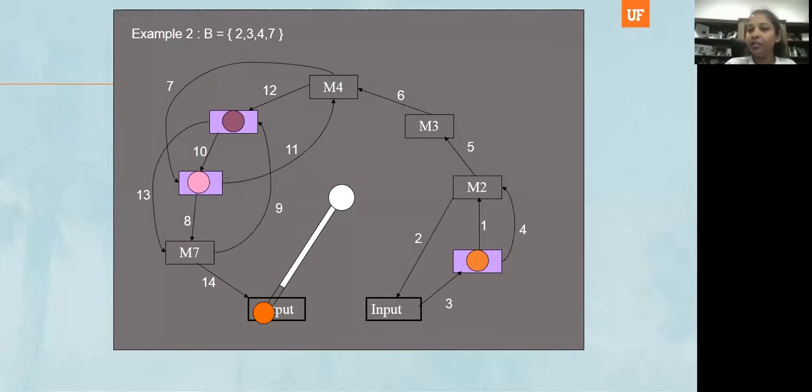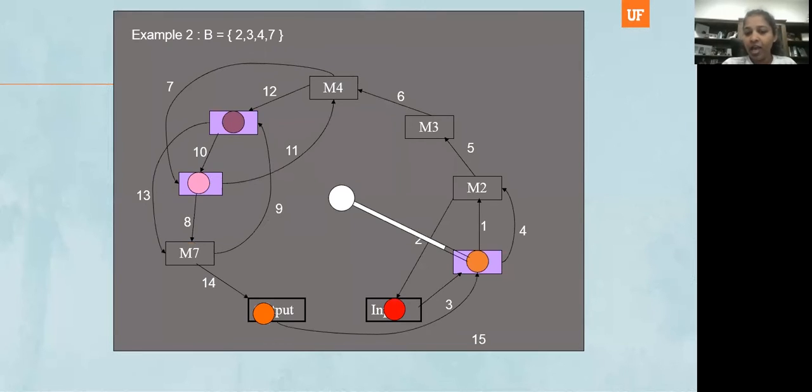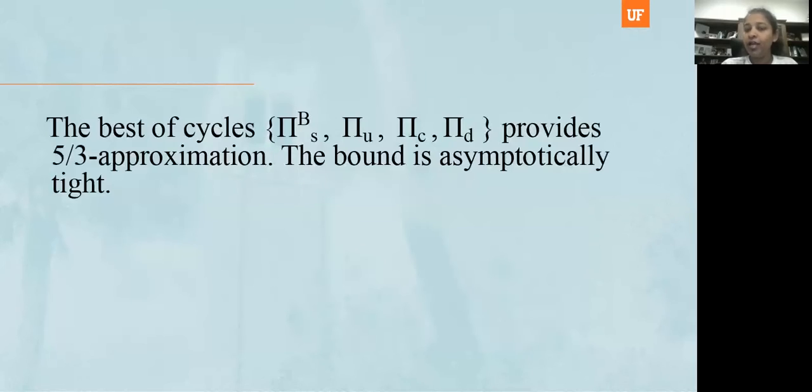Okay? So these are the four cycles we proposed. And we were able to show that the best among these four cycles gives you a 5/3 approximation. And this bound is asymptotically tight. That means you can create a theoretical instance where the solution given by the best among the four is going to be 66% higher than the optimum solution.